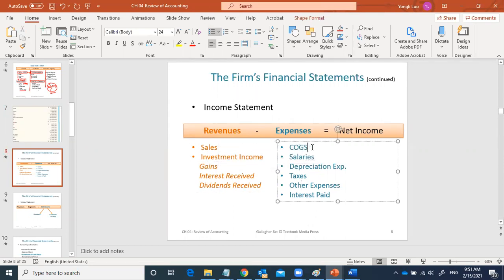For the expenses part, you have the direct cost of goods sold, accruals like employees' salaries, and depreciation expenses on your fixed asset, tax, interest you paid, and other selling or administration expenses. That will give you the net income. So the income statement covers the revenue and expenses of the business.